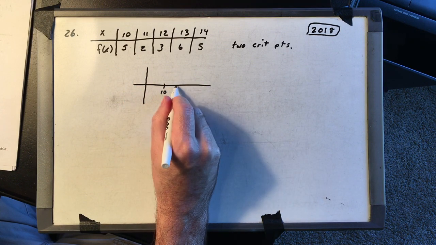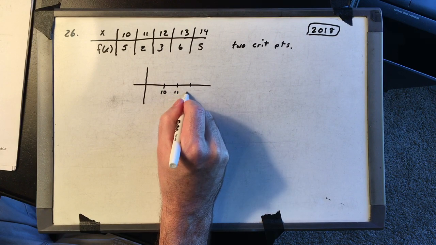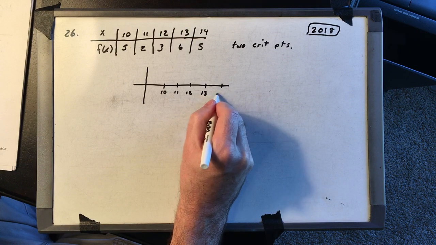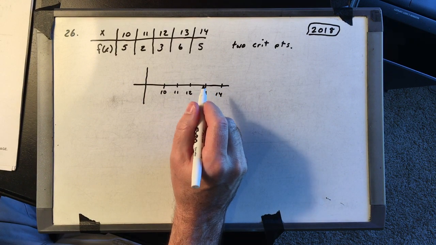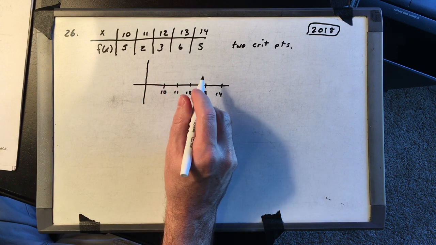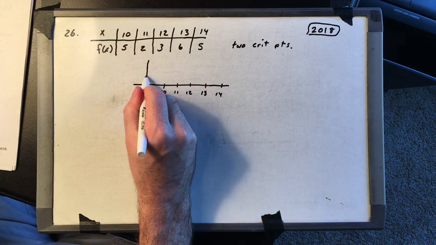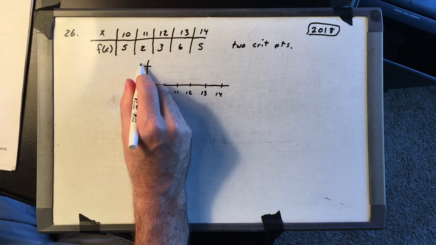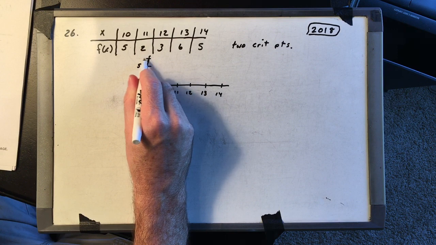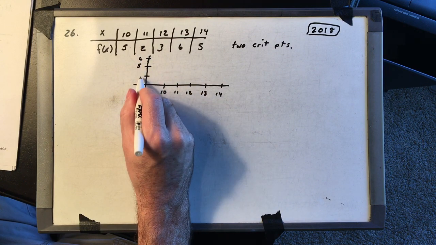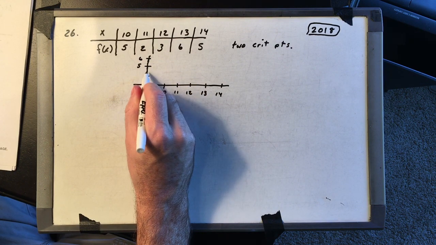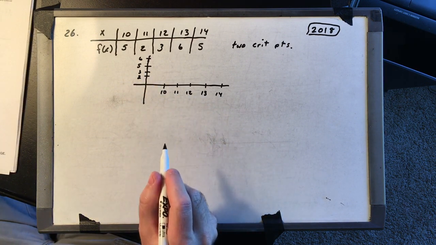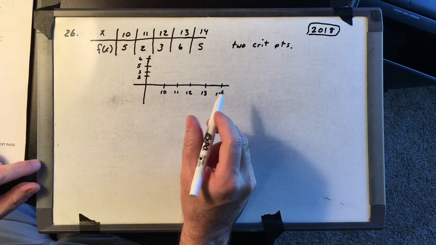So 10, 11, 12, 13, 14, and for the y values, we've got 5, 6, and 3 and 2. It doesn't really matter if you have a nicely scaled graph.